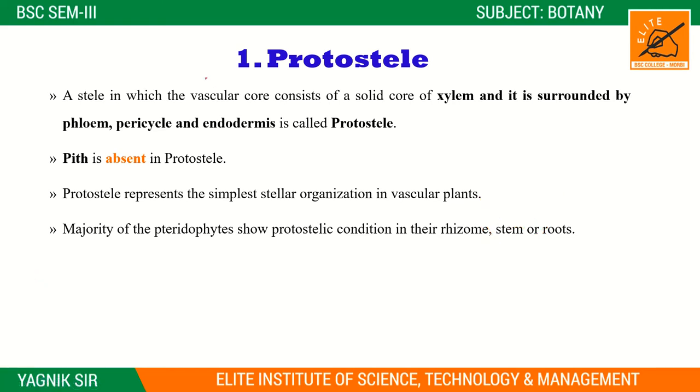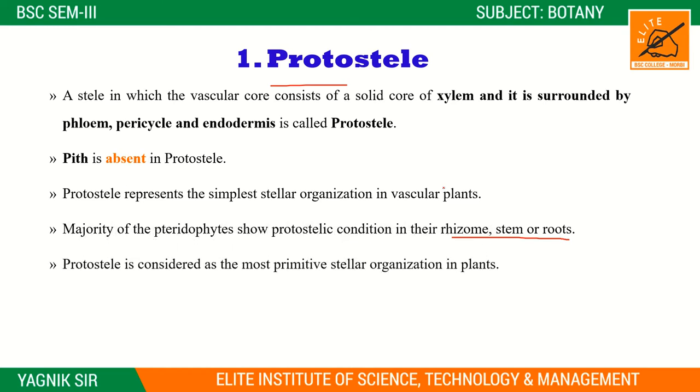Actually this type of stele we can see in these plant parts: rhizomes, stems and roots, right? In the leaves no protostele types are present; only the rhizome, stems and root have this type of stele.